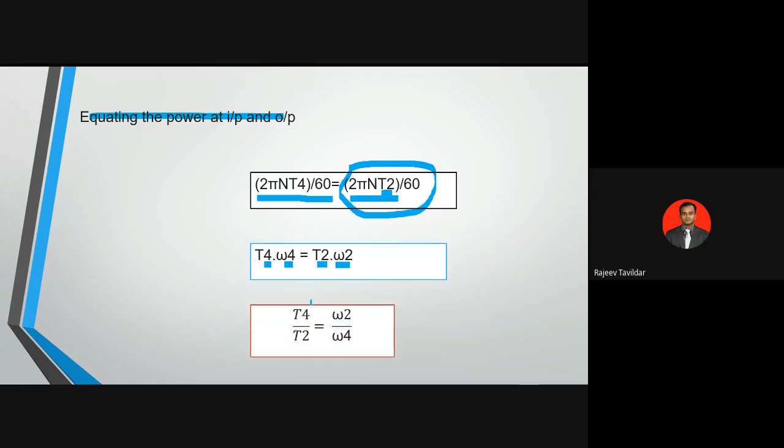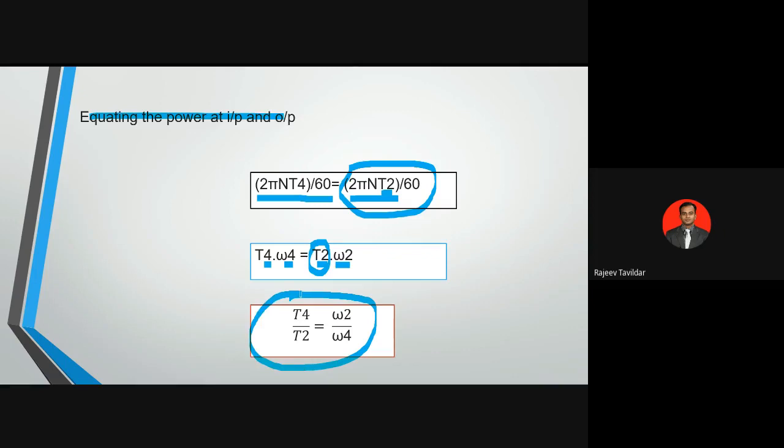Now I'll just rearrange the terms, that is, I'm going to bring this T2 to the LHS, so we are going to get the ratio of T4 upon T2, which will be equal to omega 2 upon omega 4. I hope this equation is clear.